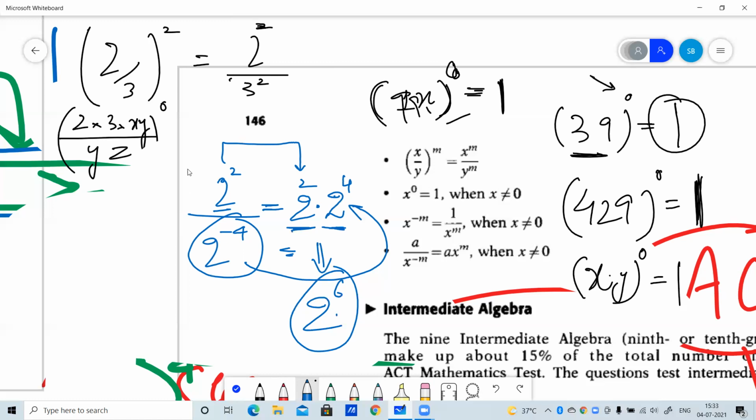And what is the second rule? When you're having same bases in division, what will you do with the powers? I think you have to change their sign.